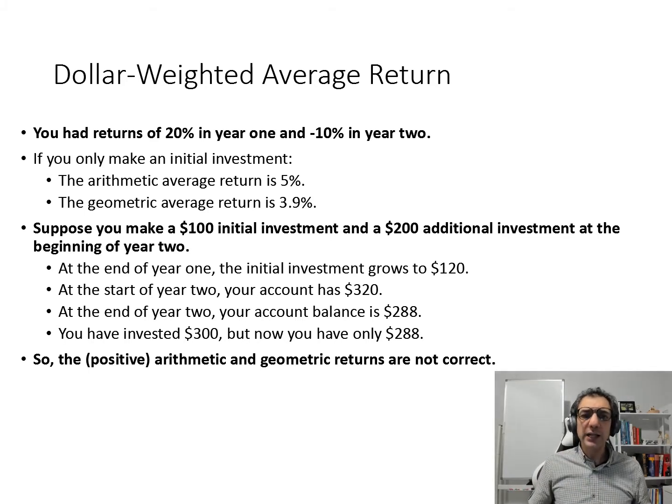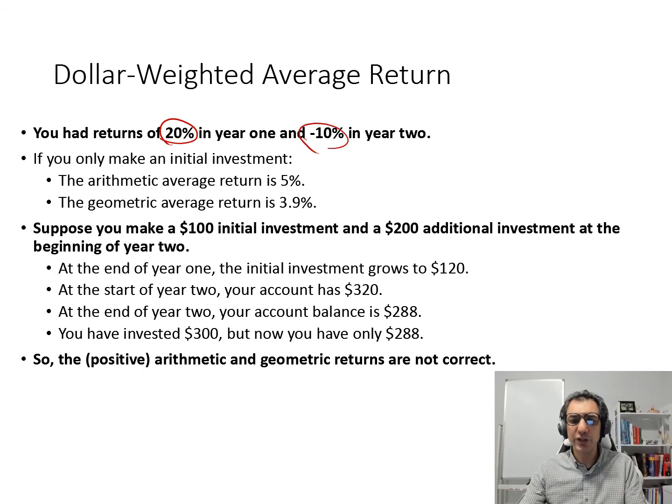So let's assume you're talking about a 2-year period, and you earn 20% in the first year, and you lose 10% in the second year. Now, if I ask you just to calculate the arithmetic return, that's very simple. 20% plus minus 10%, that's 10%, divided by 2 years. So that's 5% arithmetic return.